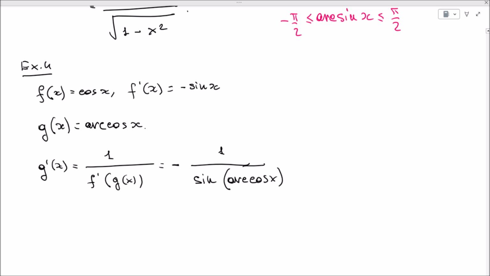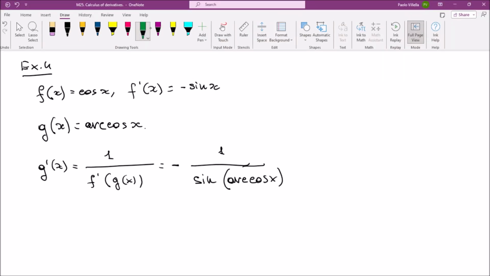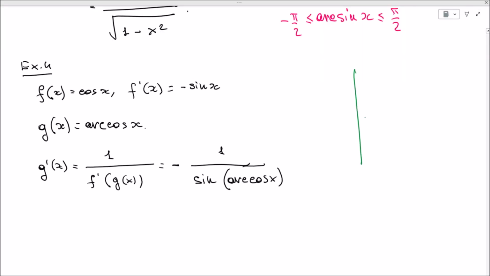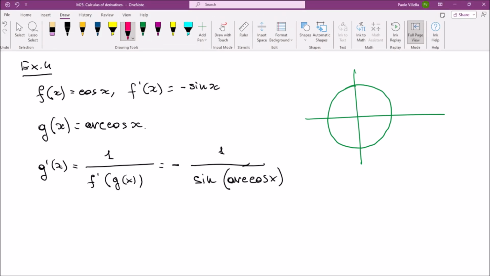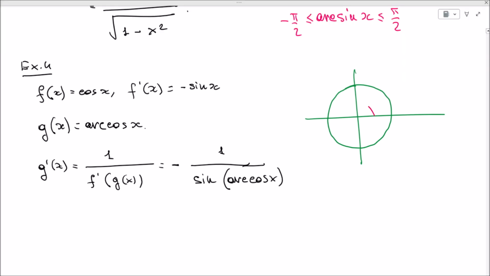And if we once again reconsider the way we define the inverse of the cosine, remember that we define the inverse of the cosine between 0 and pi. In other words, the arc cosine of x is a function between 0 and pi, and we see that in this interval the sine is always positive.